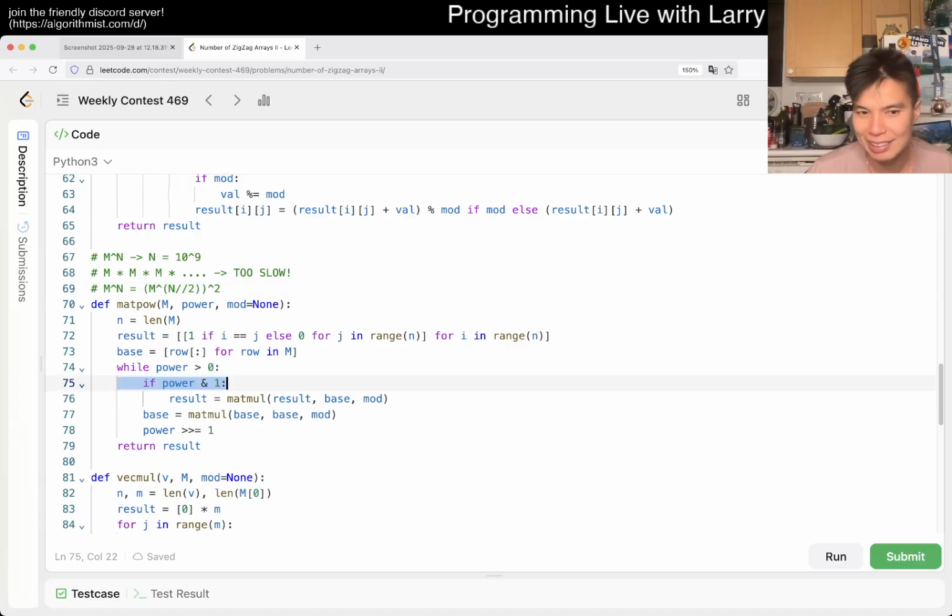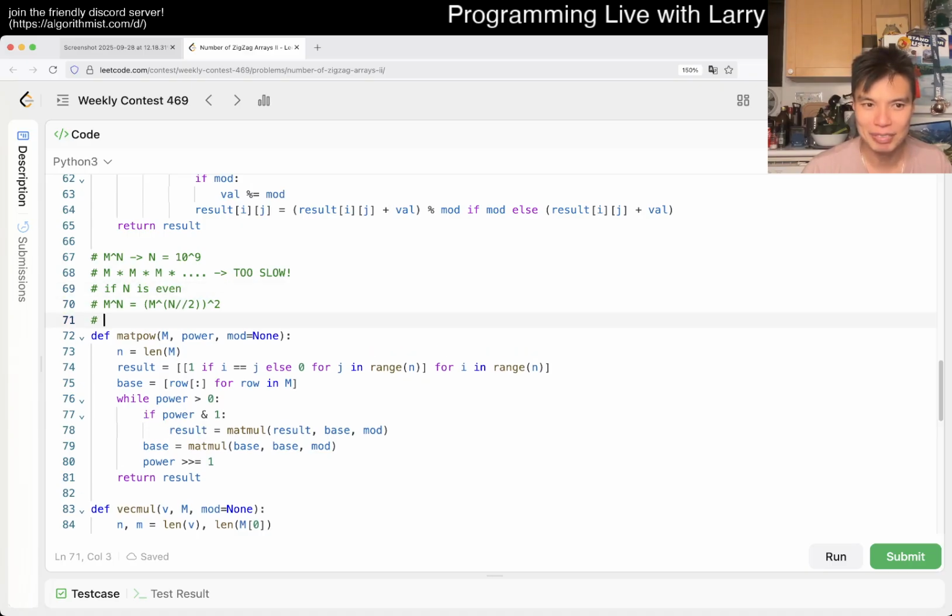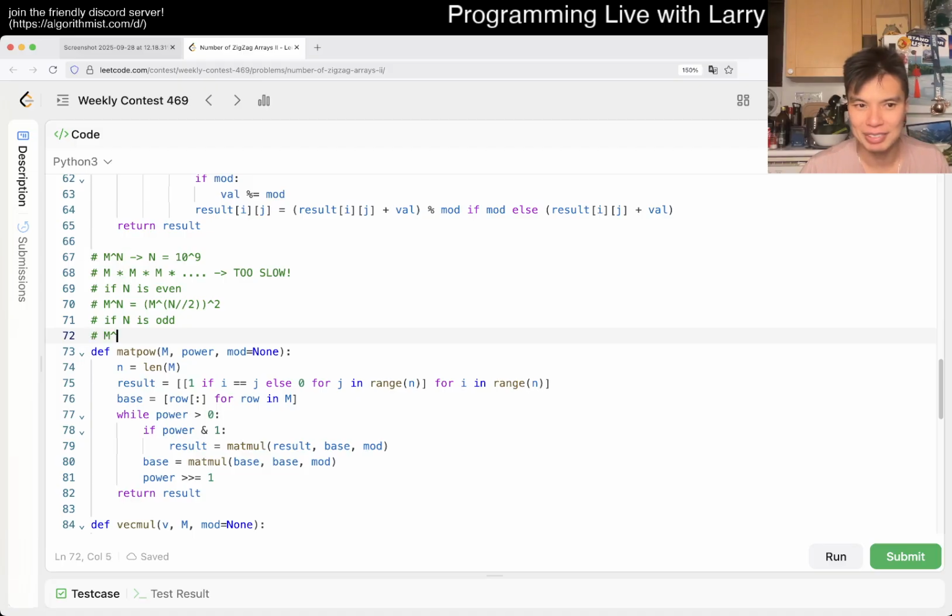But of course, if it's odd, then you have to multiply one more. I could write it out here. If n is even, that's the case. If n is odd, then M is equal to this thing times M. Because this is divided by 2, and then you're off by 1, so you have to multiply by M, and this is a matrix multiplication.